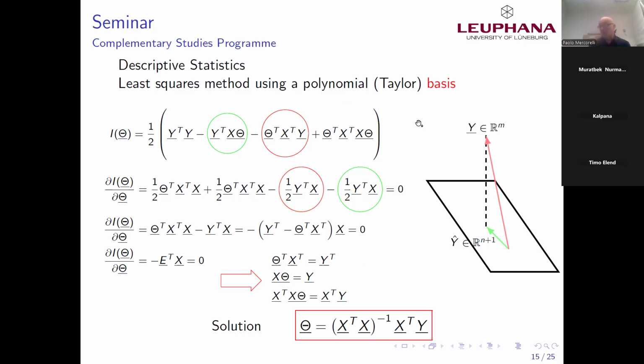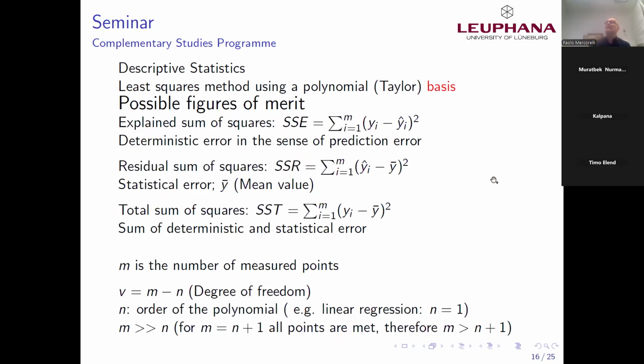But think about this point as y overline, the mean value. And then we can see this triangular structure, which has 90 degrees. This difference between y and y hat represents our SSE. This vector, y hat minus y overline, represents SSR. And this vector represents SST.